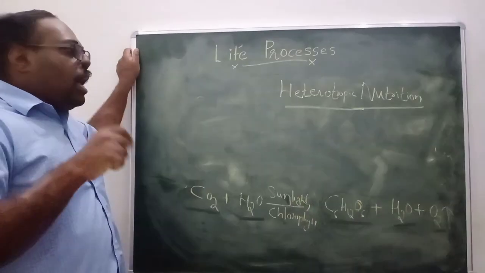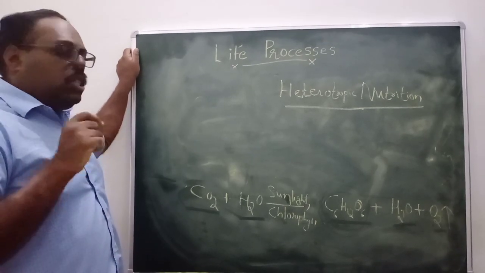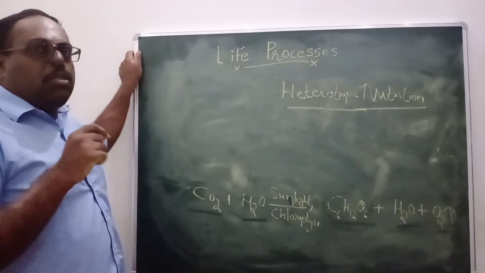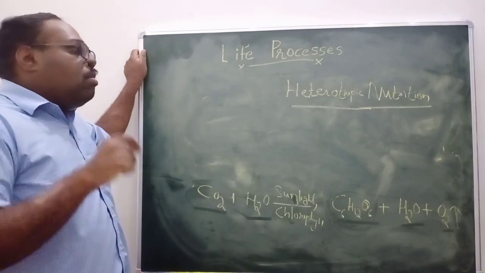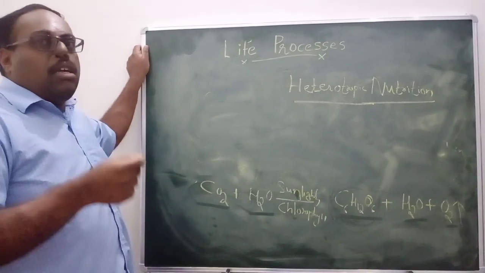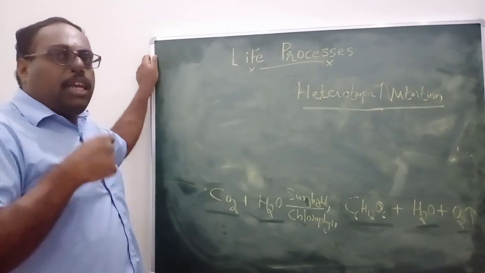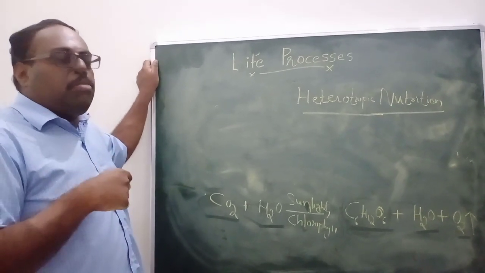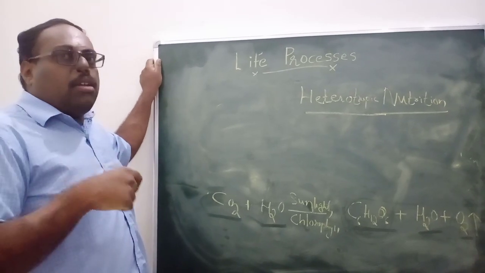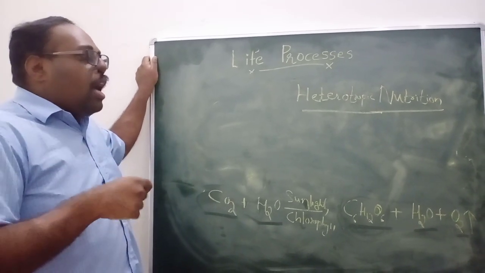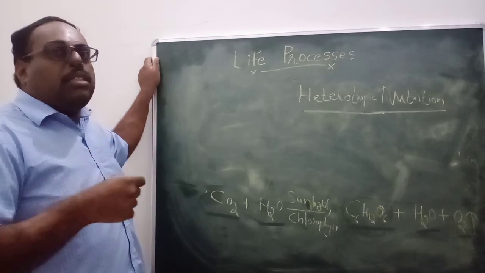So now I am going into a picturization of the human digestive system to see what processes take place inside it, what happens to the digested food, and how the waste is excreted out.